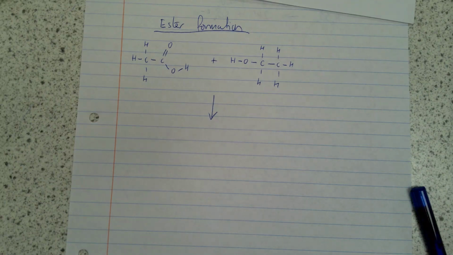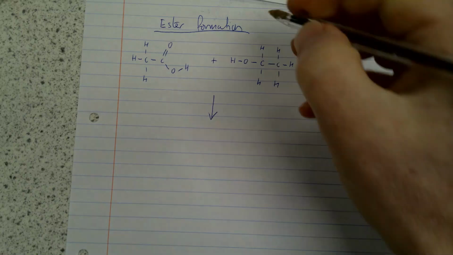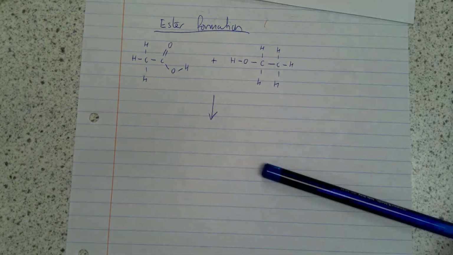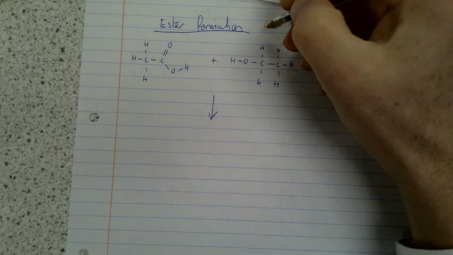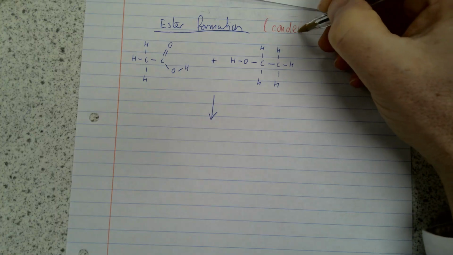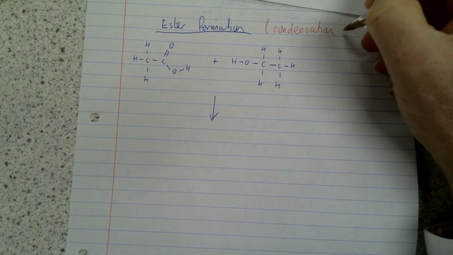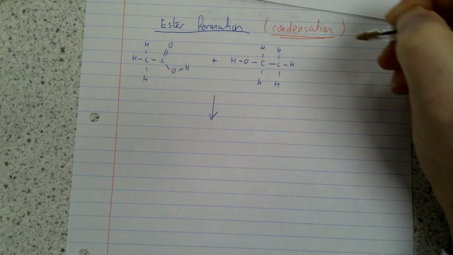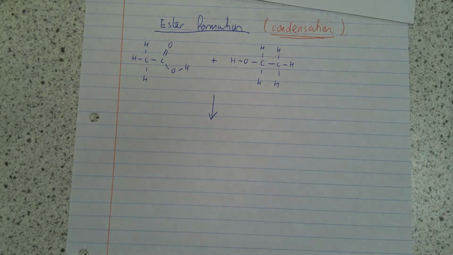So what's going on here is what we call, and you're expected to know this, so I'm going to write it in red, underline it, put a star next to it, a really important type of reaction called a condensation reaction. You've probably heard the word condensation used. We talk about condensation on the windows, right?